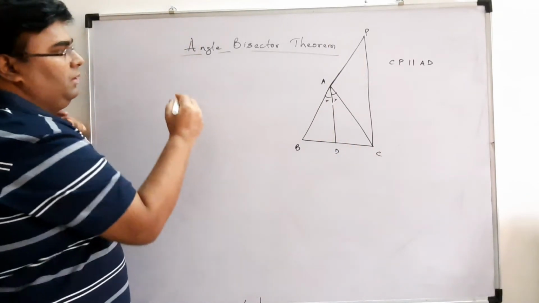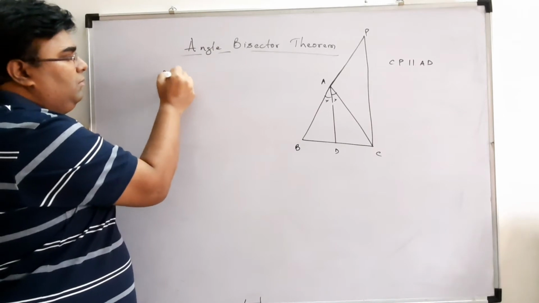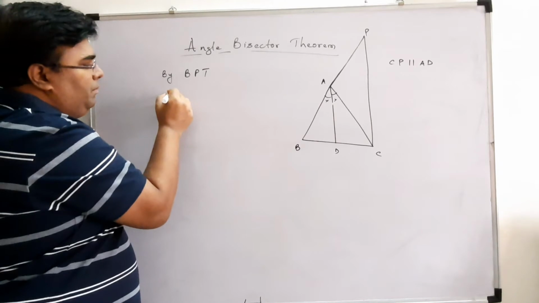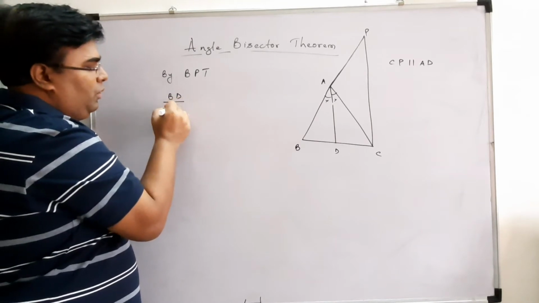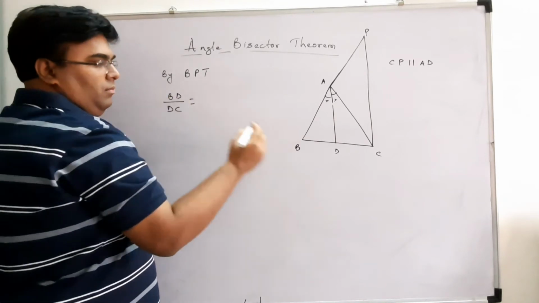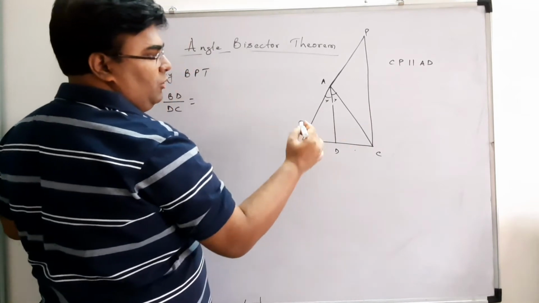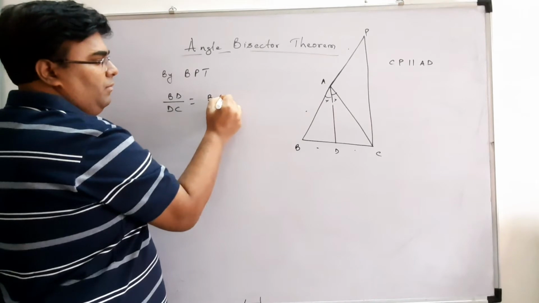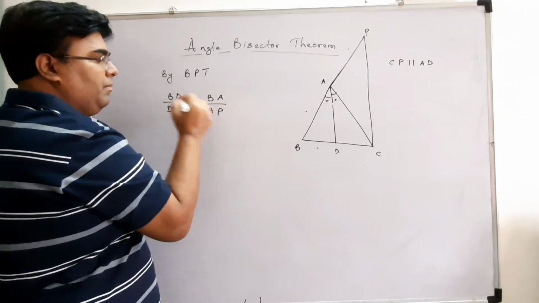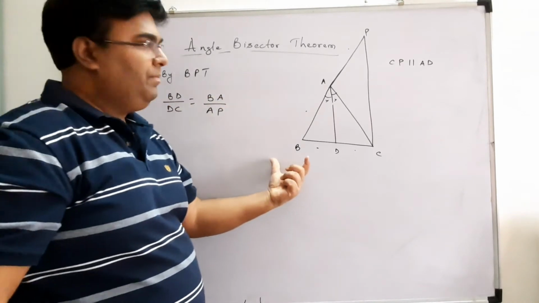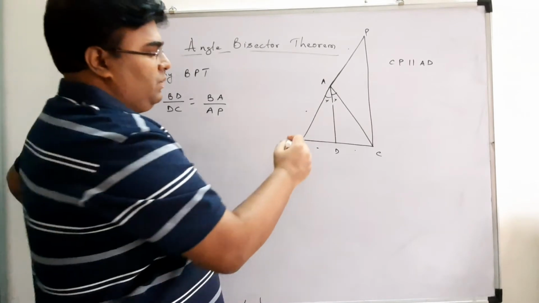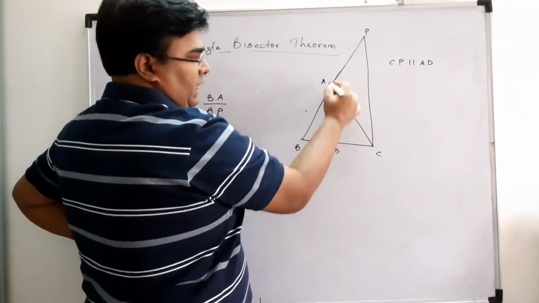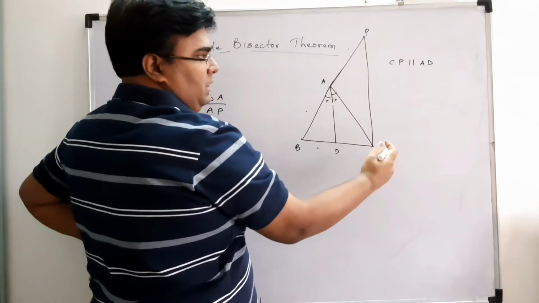So by BPT we can write BD upon DC, this upon this, should be equal to this upon this, BA upon AP. Is it clear? Look at this triangle BPC. This AD is parallel to PC.